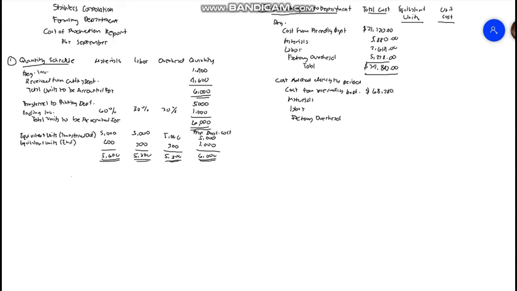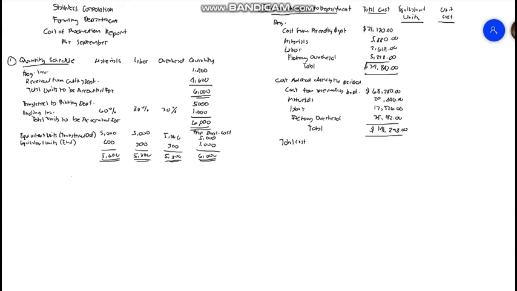This is also given: 68,280 for the preceding department, materials of 20,440, labor of 17,526, and factory overhead of 35,052. So the total of that one is 141,298.